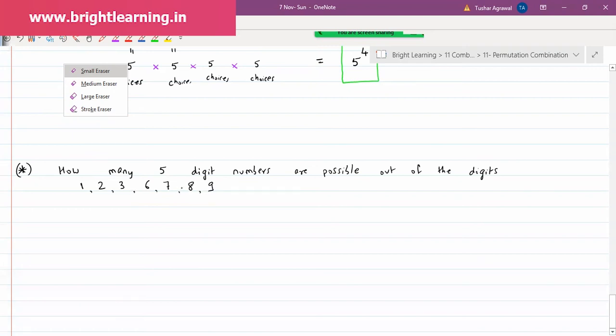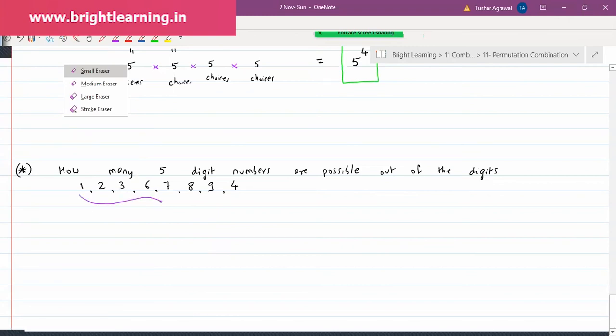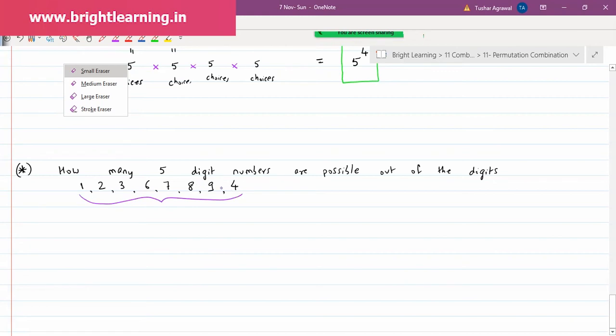How many digits are there? 1, 2, 3, 4, 5, 6, 7. Yes, 7 digits I have given you. Okay. And consider, let's say, 4 also: 1, 2, 3, 4, 6, 7, 8, 9. So total, how many digits are there? Total I have given you 8 choices. Okay. 8 choices I have given you.